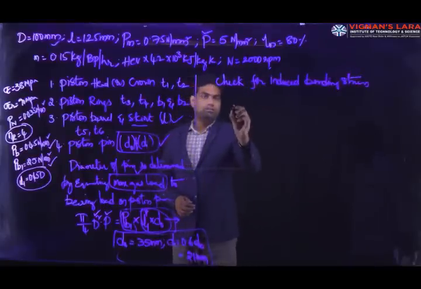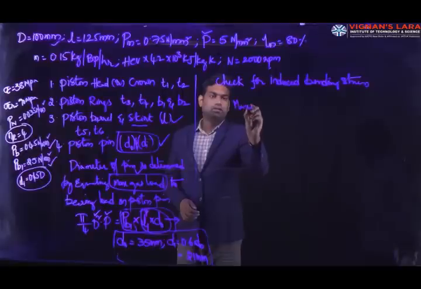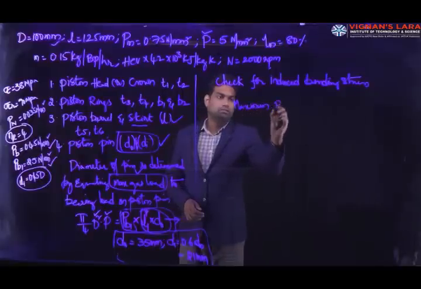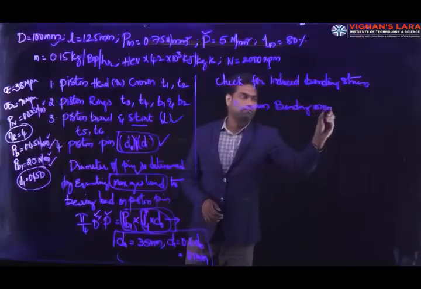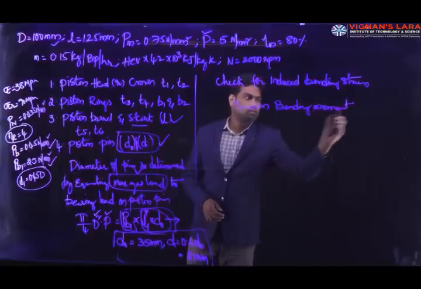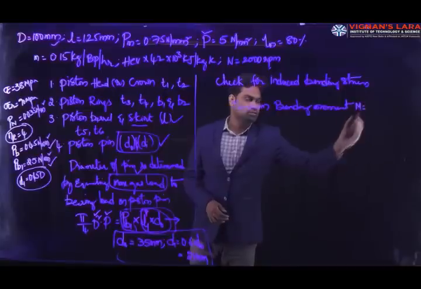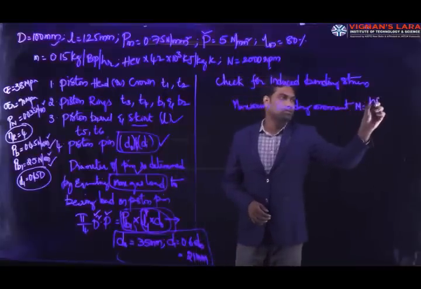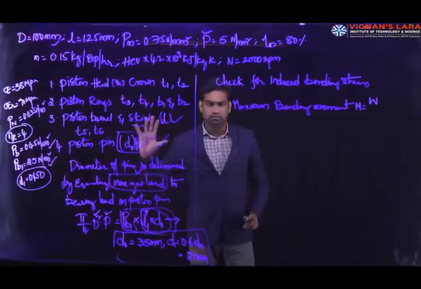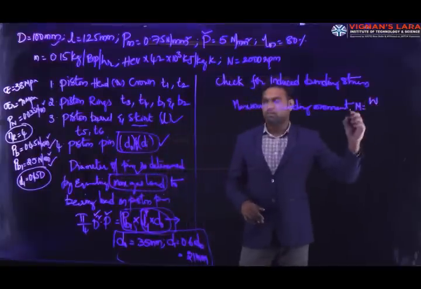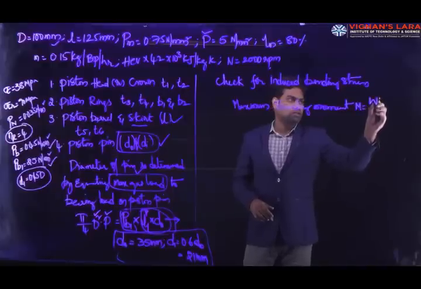Here the maximum bending moment acting on the pin is denoted by M. It is given by W, the total load acting on the pin, which is equal to the maximum gas load, W = pi by 4 D square into p. The length of the pin is taken equal to the diameter of the piston.